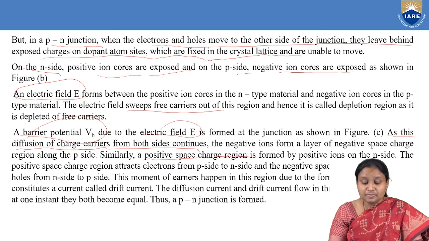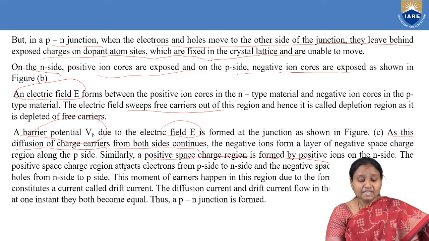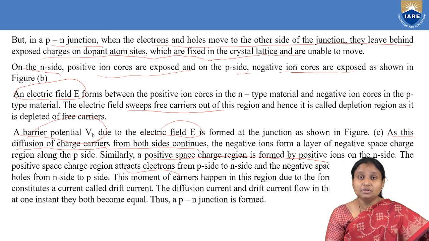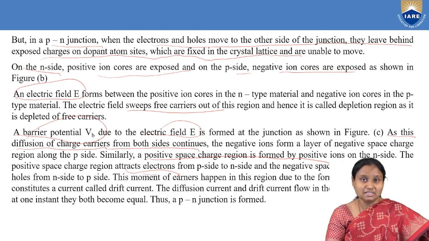Similarly, a positive space charge region is formed by positive ions on the inside, and this positive space charge region attracts electrons from the p side. Similarly, the negative space charge region which is formed will try to attract holes from inside.